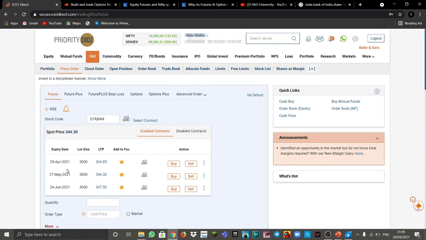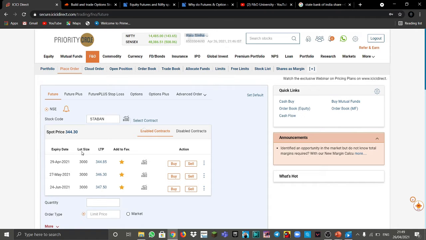One is expiring on the 29th of April, that is the current month expiry, and then you have the next month expiry, which is the 27th of May, and the far month expiry, which is the 24th of June.